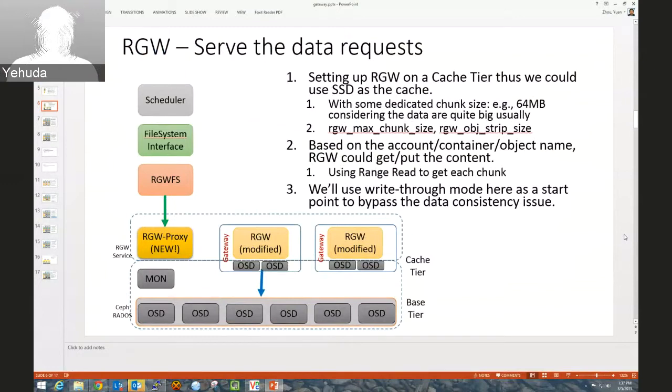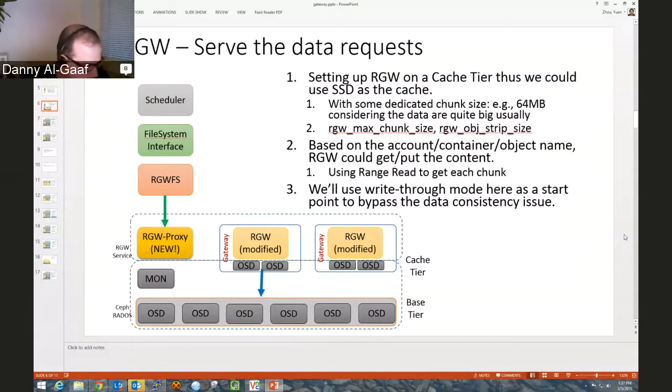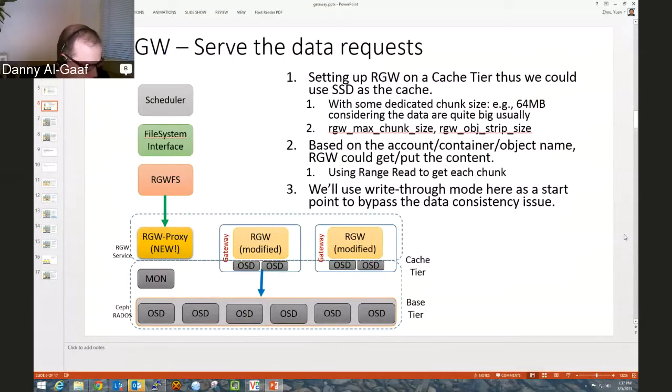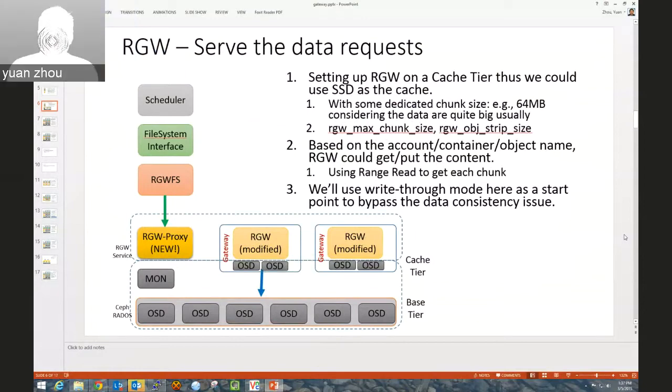The max chunk size controls how much data you read in a single Rados operation, and the object stripe size is the maximum size that each Rados object is going to be. So you probably want like 2 or 4 megs for the chunk size, and then the stripe size would be 64 meg. Okay, that's great.